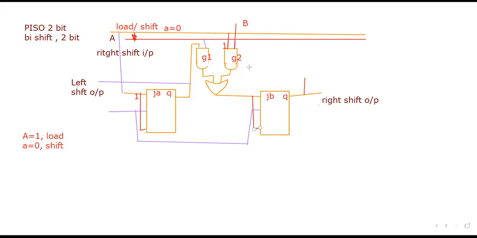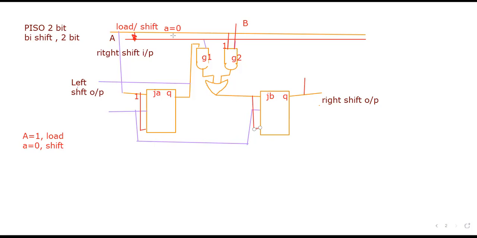But load shift, so load type, all would be loaded, A, B, C, D, whatever flip-flops you have, all would be loaded together. And then after, in the shift, this second gate would be off and first gate would work. G1 or G3 would work and forward data to the next one. Okay, so this is load shift figure. If you have any doubt, you can tell me.